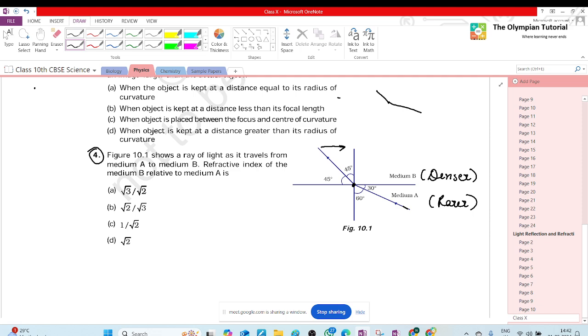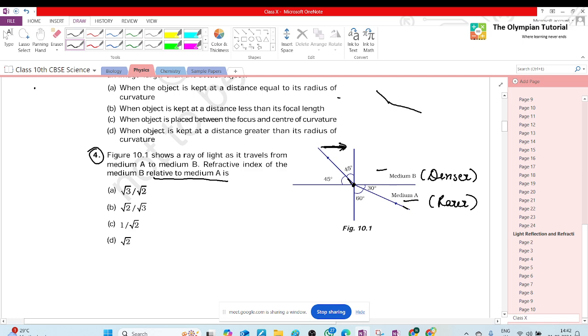Okay, okay. Refractive index of medium B relative to medium A. Let me know how will you calculate the refractive index. Ma'am, I think there is some issue. No problem. Ayukta, from medium A to medium B, the ray is going towards the normal.